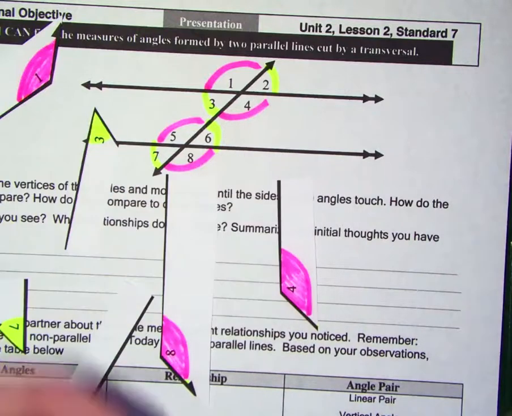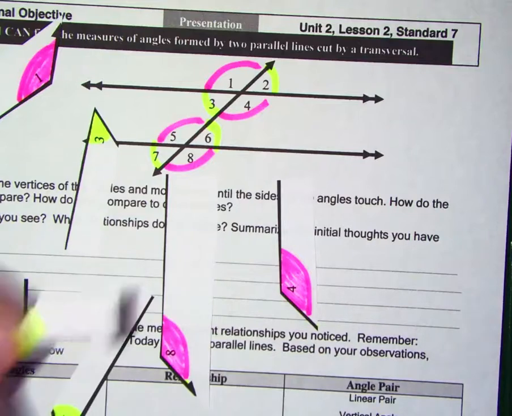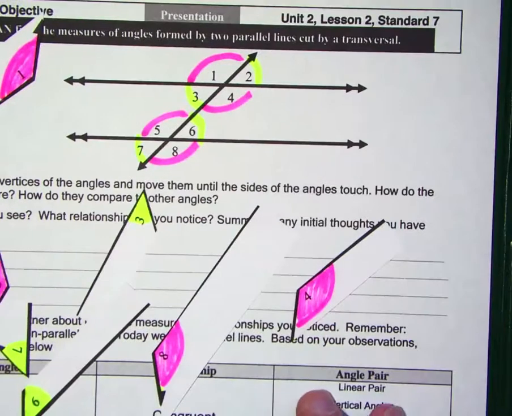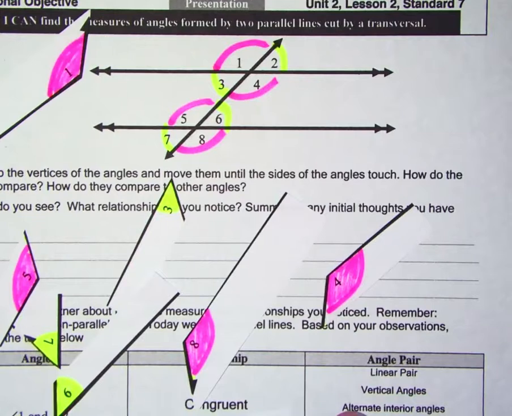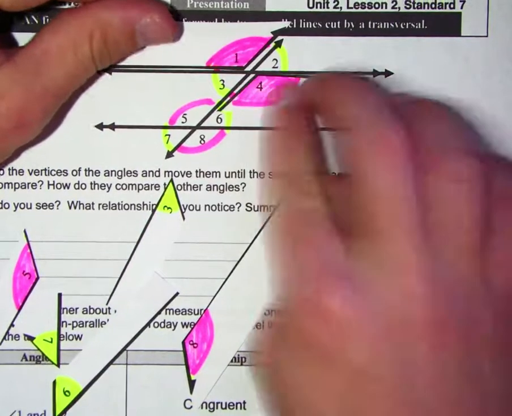So there we go, and you don't really need a lot of this extra stuff here, but this is okay. So let's take a look at these angles and try to move them around and see if there are any patterns we can see.